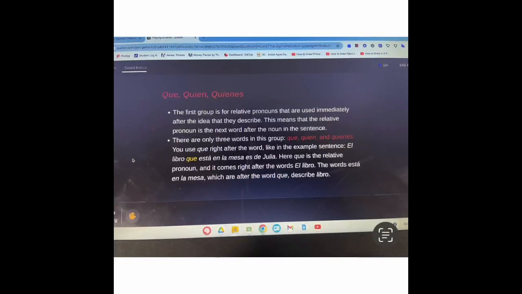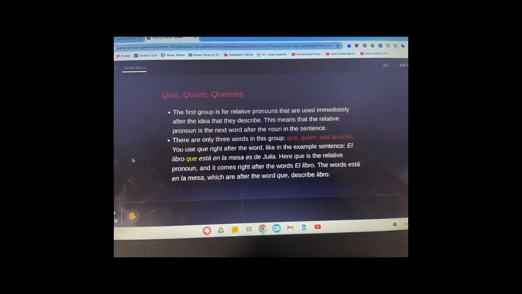Que, quien, quienes. The first group is for relative pronouns that are used immediately after the idea that they describe. This means that the relative pronoun is the next word after the noun in the sentence. There are only 3 words in this group, que, quien, and quienes.